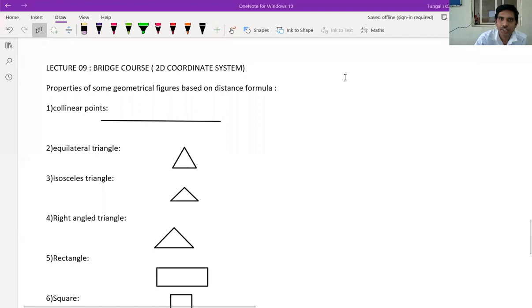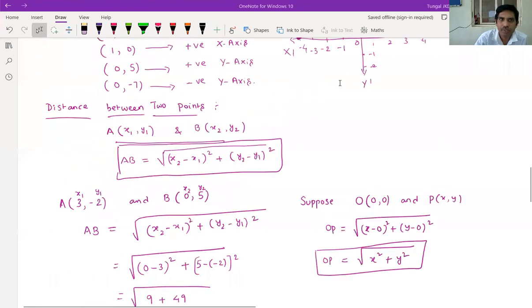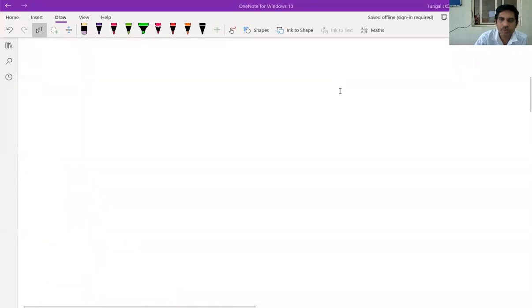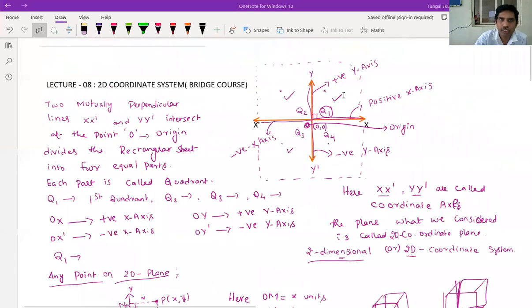Okay, right. So in the last class, we discussed the 2D coordinate system. There are the x-axis, y-axis, positive x-axis, positive y-axis, and the different quadrants.